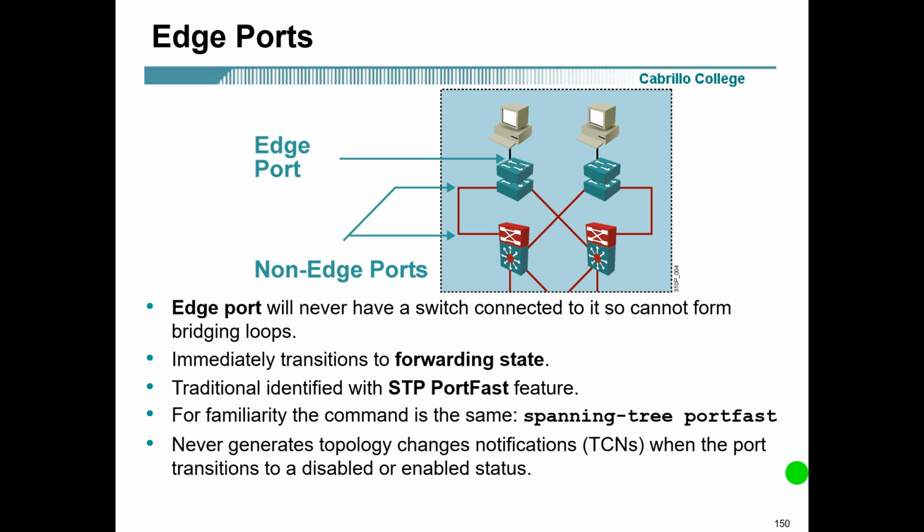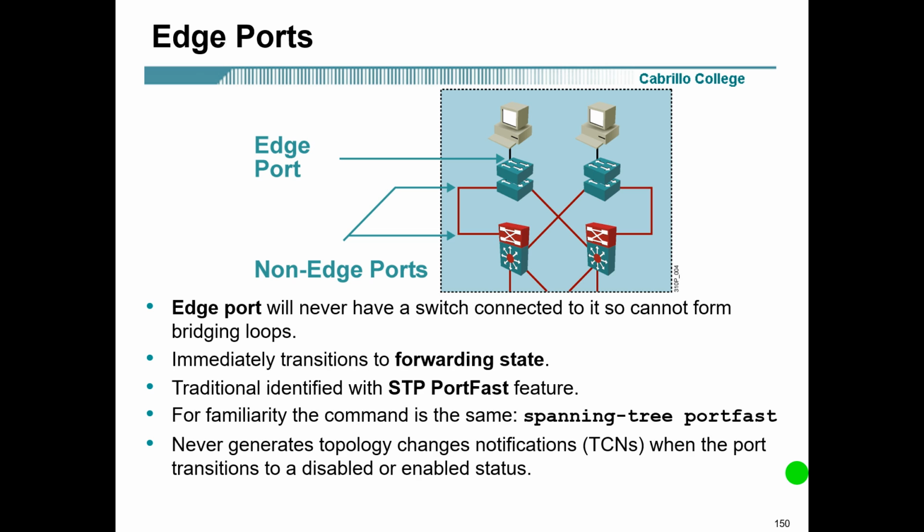Unlike PortFast, an edge port that receives a BPDU immediately loses its edge port status and thus becomes a normal spanning tree port. In contrast, with PortFast, if a switch is connected to that interface when PortFast is enabled, it temporarily begins bridging a loop. When the BPDU Guard feature is enabled on the switch, STP shuts down that PortFast port.